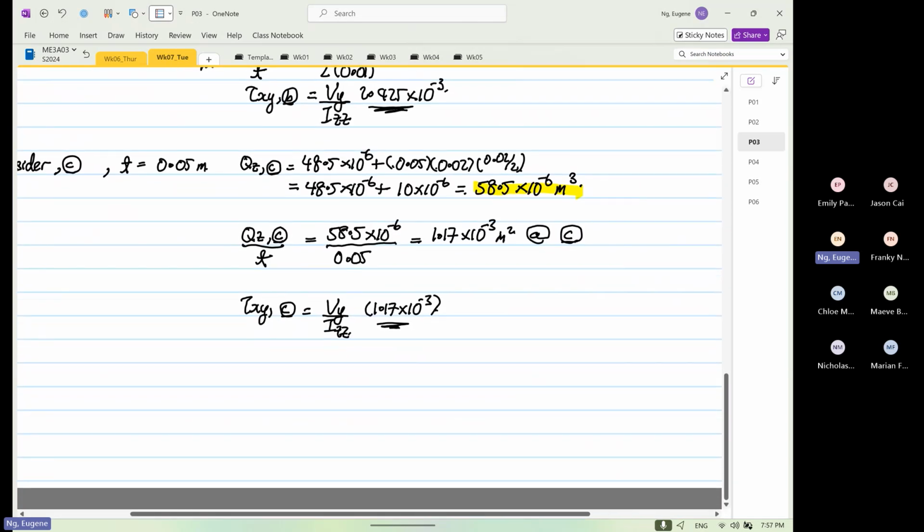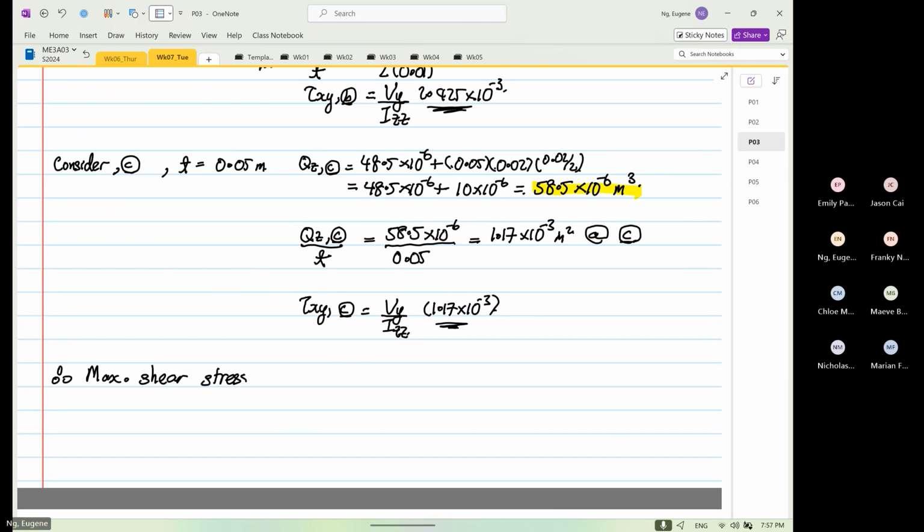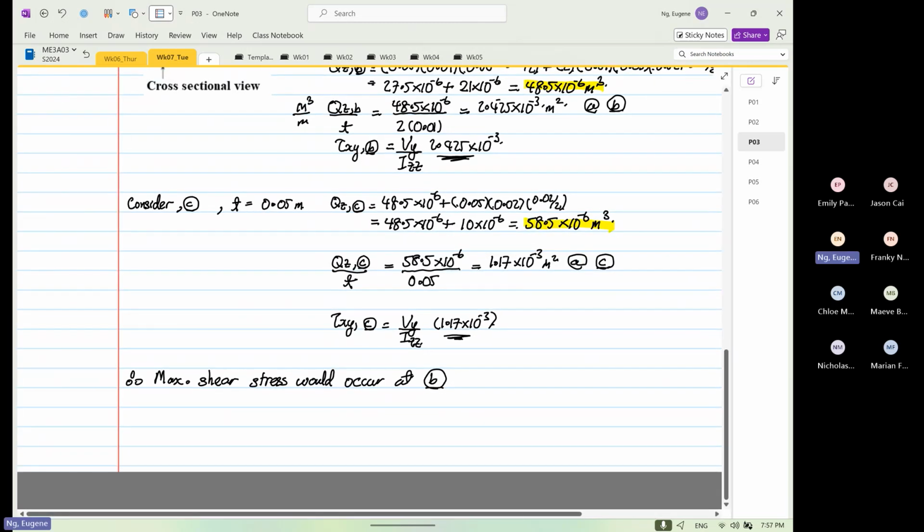So obviously from here, by looking at the QZ over T coefficient, you can see here, maximum shear stress will occur at point B. Okay, right? So you can now see the Q over T ratio, right?